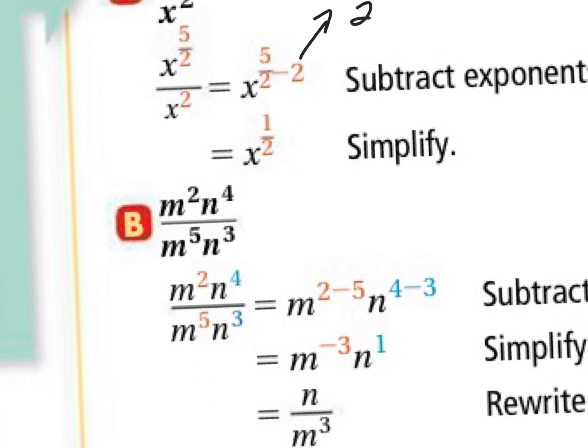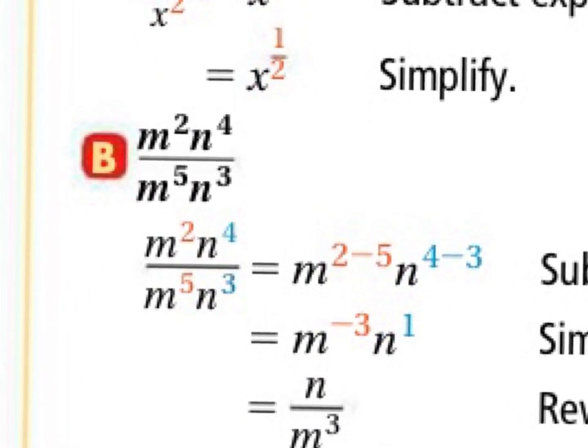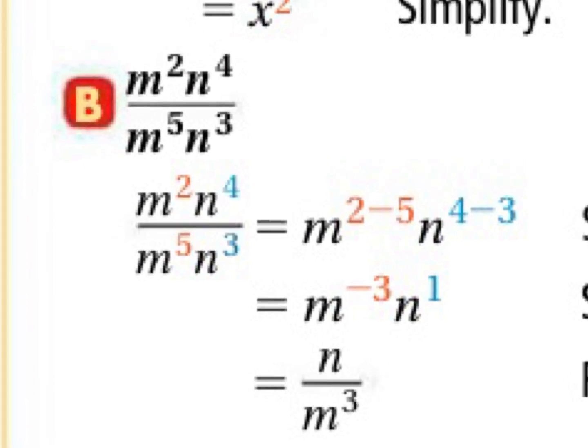Part B, we have 2 different variables. Rather than doing what the book's doing, I would just look at where do I have more of a certain variable. So with the m's, I'm just going to look at it and say I have more m's in the denominator. How many more? 3. And I'm just going to say I'm going to be left with m cubed in the denominator.